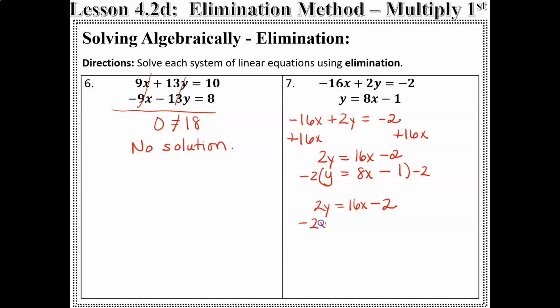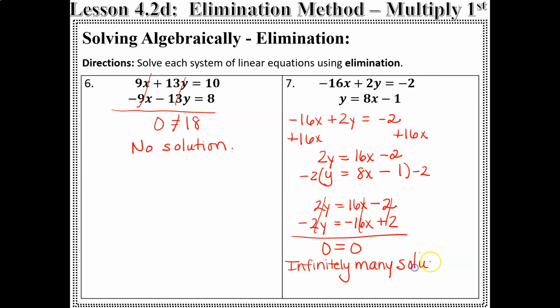So I have negative 2y, and then I have negative 16x, and then I have positive 2. So look, everything's canceled, and we have 0 equals 0. 0 does equal 0, so this is infinitely many solutions. No matter what number you put in, it would work for both of them.